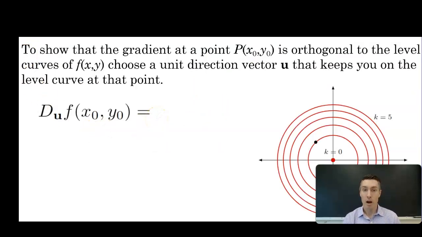So let's focus on the fact that the gradient vector is orthogonal to a level curve at any point on the level curve, and show why that is true. So to show that the gradient at a point (x0, y0) is orthogonal to the level curves of the function, choose a unit direction vector u that keeps you on the level curve at that point.